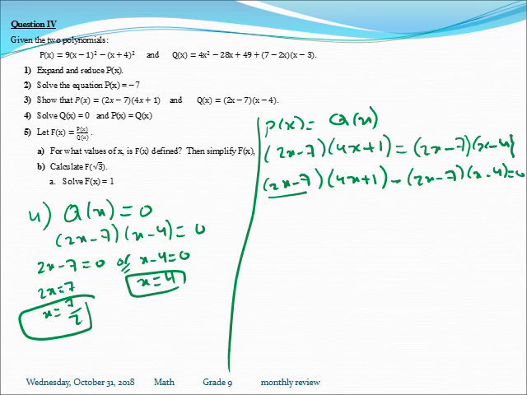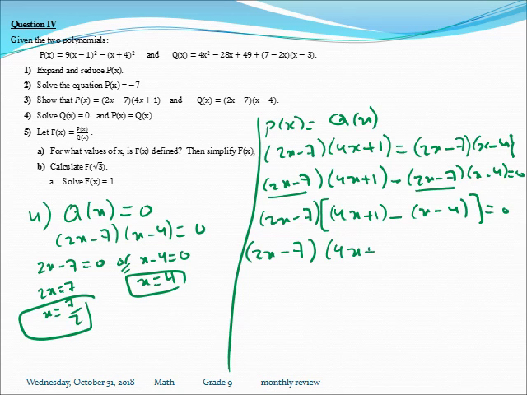Take 2x minus 7 as a common factor. It remains 4x plus 1 minus (x minus 4) equals 0, so (2x minus 7)(4x plus 1 minus x plus 4) equals 0.